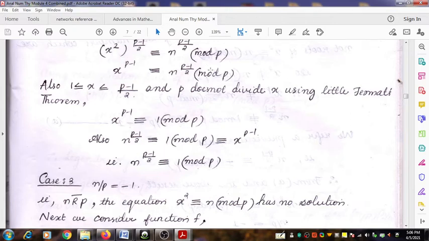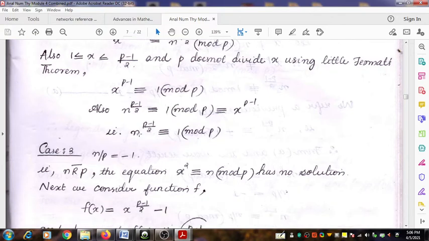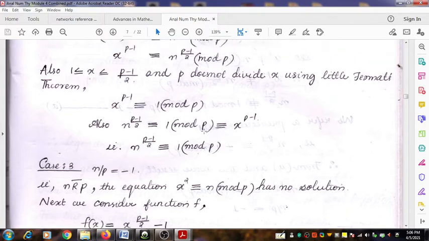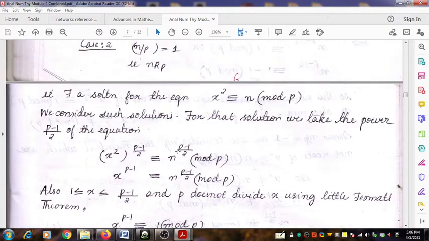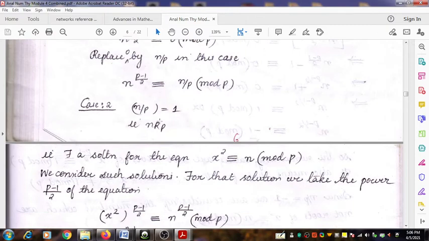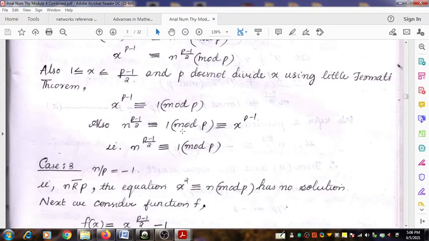Now we can combine these two congruency equations to obtain that n raised to p minus 1 by 2 is congruent to 1 mod p. Thus we can make a conclusion about the second case. Whenever we have (n bar p) equal to 1, we get that n raised to p minus 1 by 2 is congruent to 1 mod p.